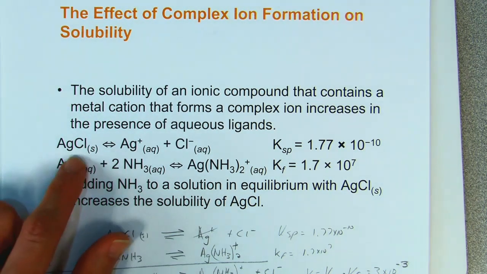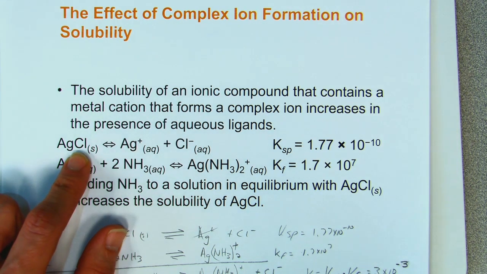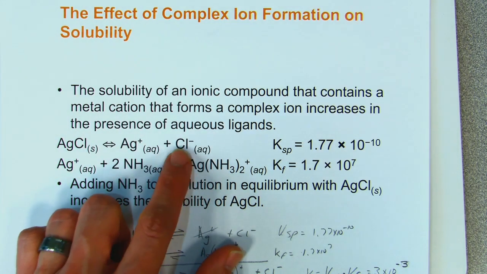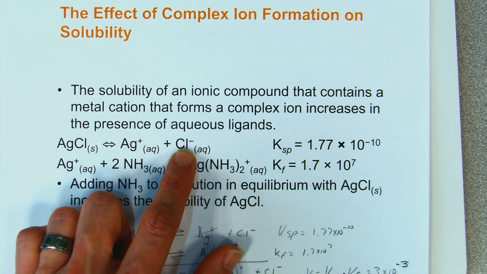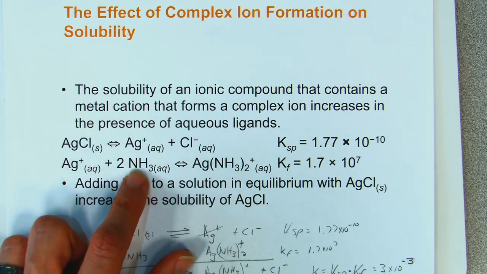For instance, earlier in this chapter we learned that silver chloride is a sparingly soluble salt. It will dissolve, but just a little bit, not a lot, okay, to make our ions. But if you actually add some ammonia into that aqueous solution, this stuff is much more readily soluble.